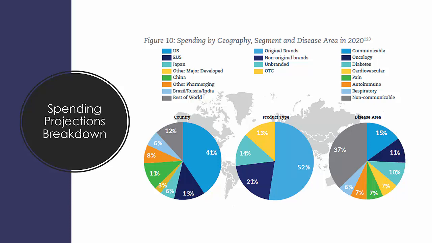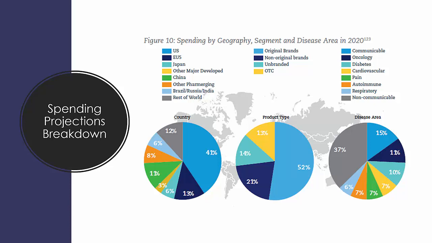Then we look at product types, and original brands are at 52%, with non-original brands then at 21%, unbranded at 14%, and then over-the-counter pharmaceuticals at 13%. So again, those original brands constituting the vast preponderance of spending. And then finally, looking at the disease area in 2020, the major area is 37% non-communicable diseases, and that covers a whole range of diseases which are basically non-contagious diseases.